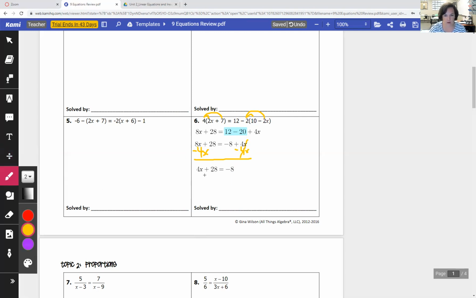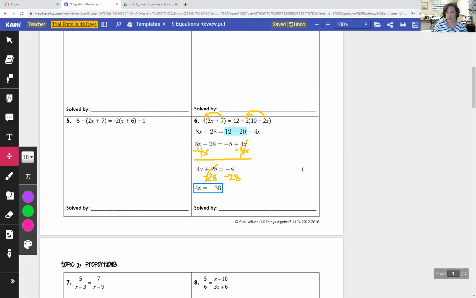Continuing with solving for x, we will subtract 28 from both sides. So I have 4x equals, and -8 minus 28 is -36.